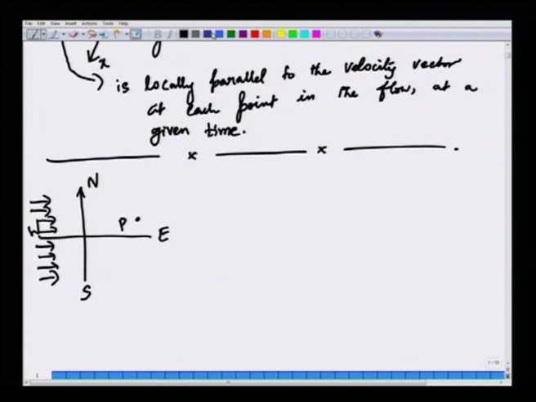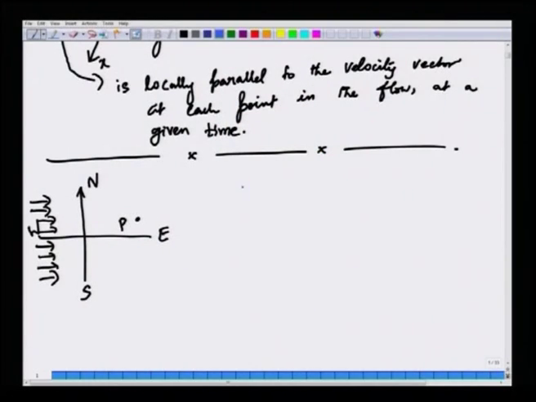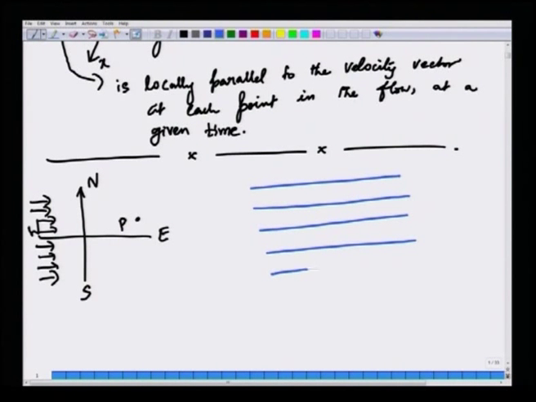So, we can imagine how the streamlines are going to look, and this is a steady flow in the sense that the velocity vectors are constant at each and every point in the fluid. In the Eulerian sense, the flow is steady. Since it is a constant velocity, if you draw the streamlines, they will all be parallel to each other, and we can plot as many streamlines as we wish.